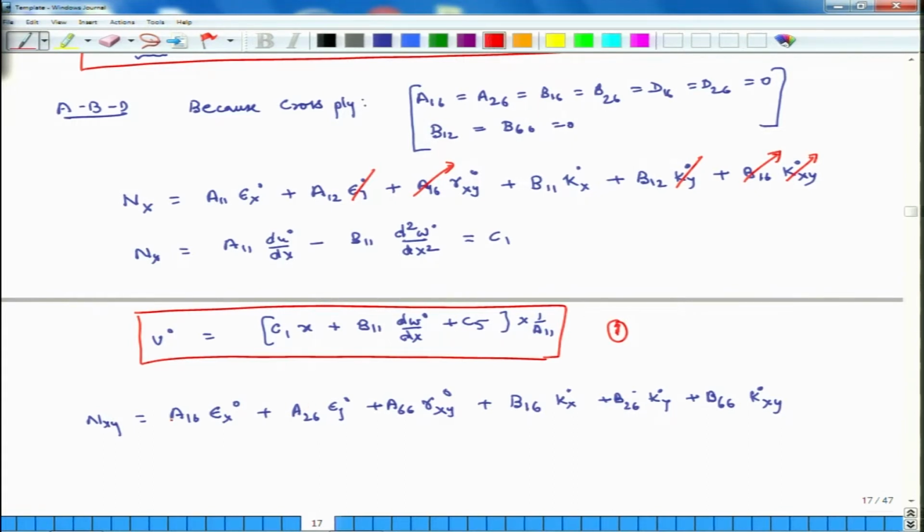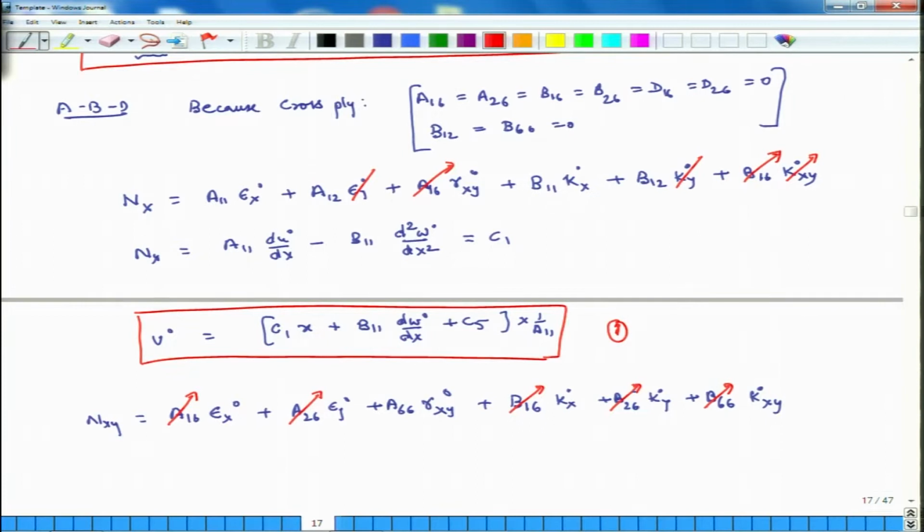So, A16 is 0, A26 is 0 because it is a cross ply laminate, B16 is 0, B26 is 0, and B66 is also 0.